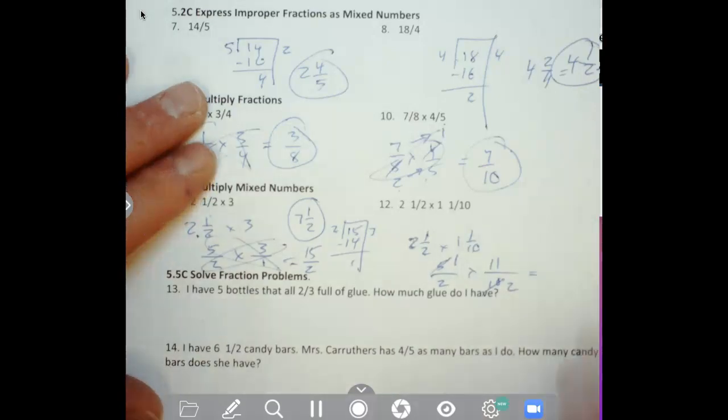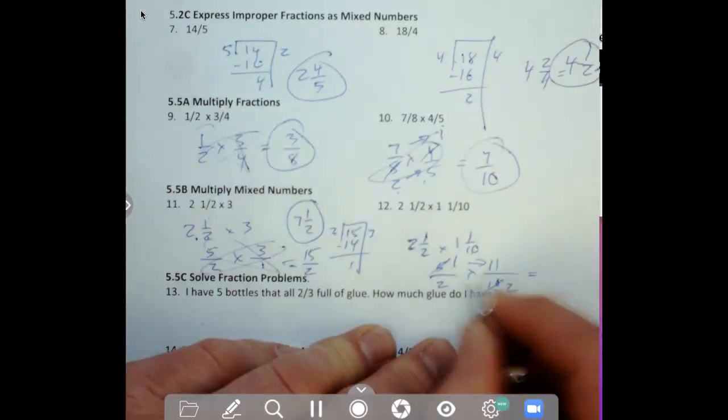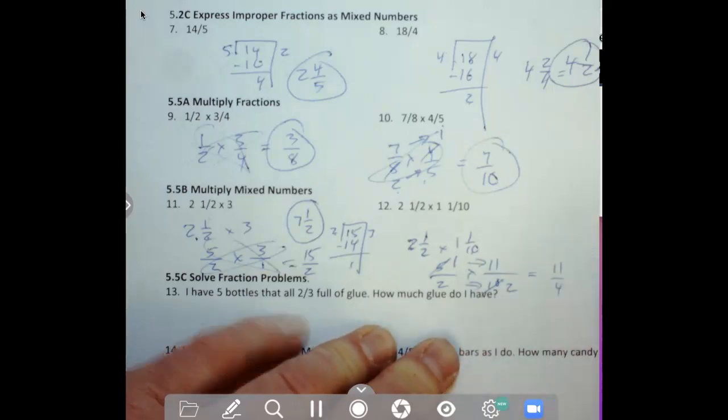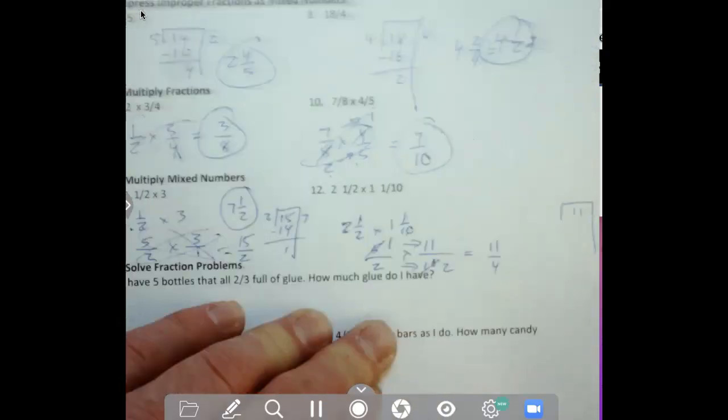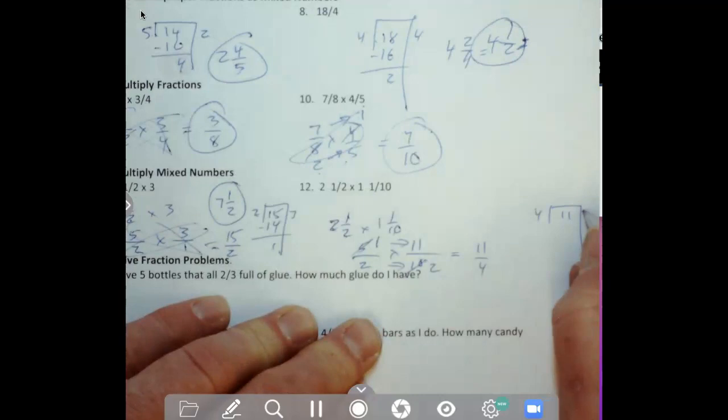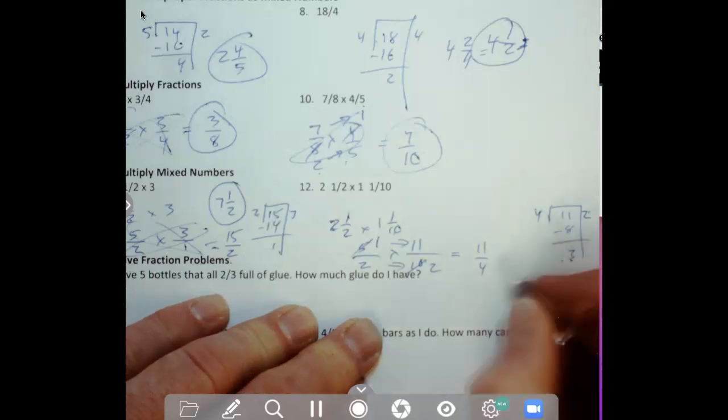And when we multiply that straight across, we can't do anything else. We have 11 on top and 4 on the bottom. Slide that over so you can see it. It's 11 divided by 4. It'll go in there 2 times. 2 times 4 is 8. Subtract it, you got 3 left. 3 is smaller than 4, so we're done. It's 2 3/4.